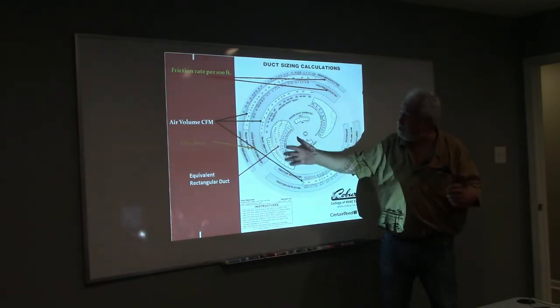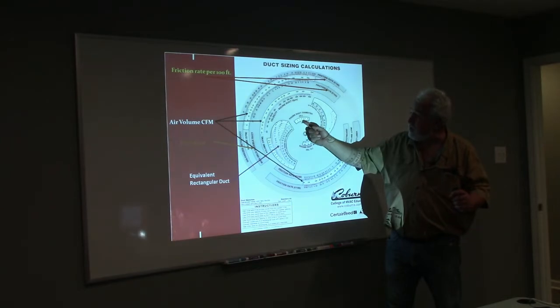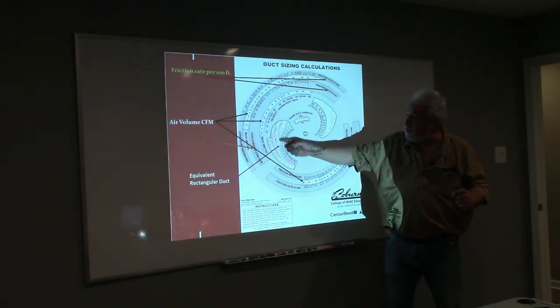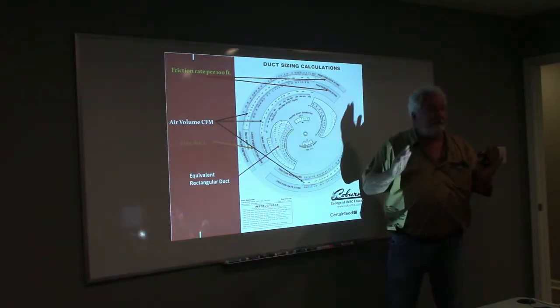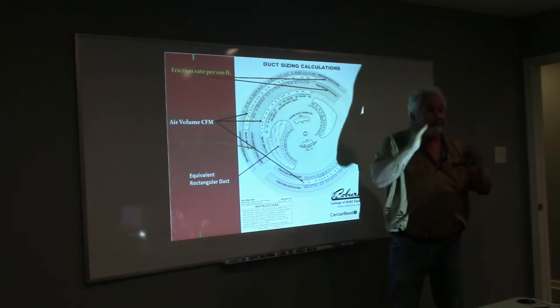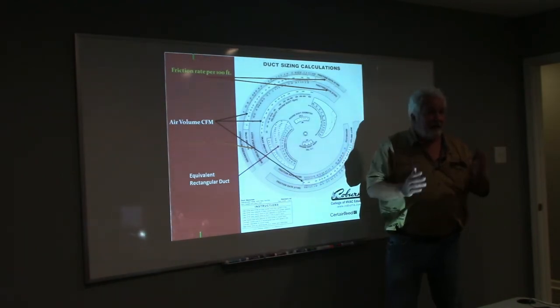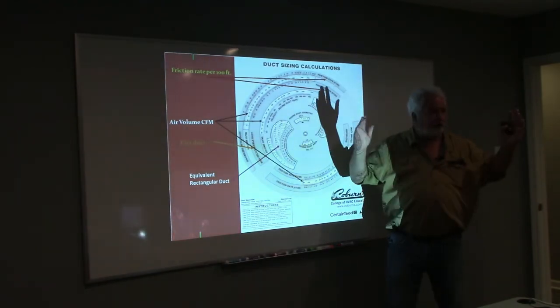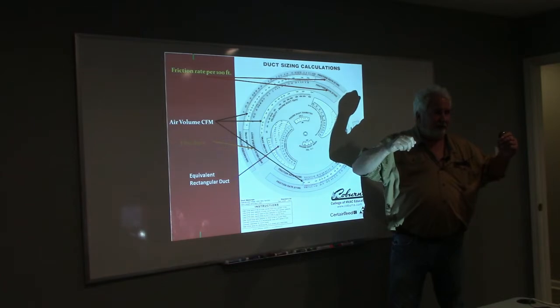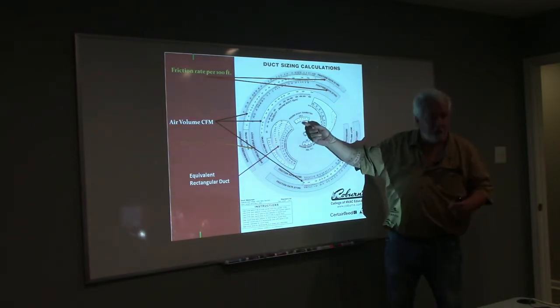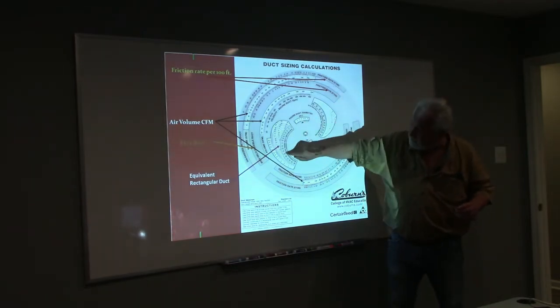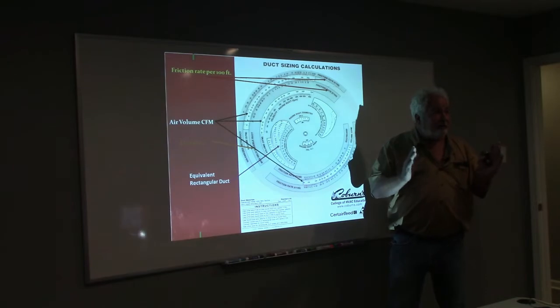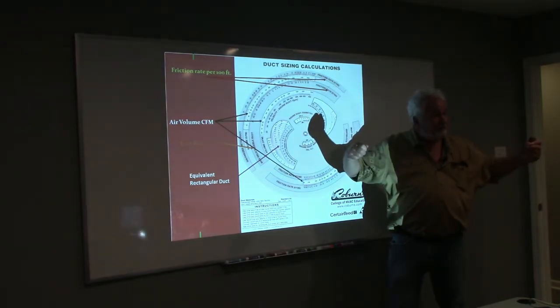Anytime you're dealing with this, whether it be the round duct or the rectangular duct, it's always the free area inside that duct. I'm never going to say, I've got an 8-inch round and measure to the outside. I'm going to measure to where the air is actually moving. Same thing I'm going to do here. So if it's duct board, I'm not going to measure the outside, am I?